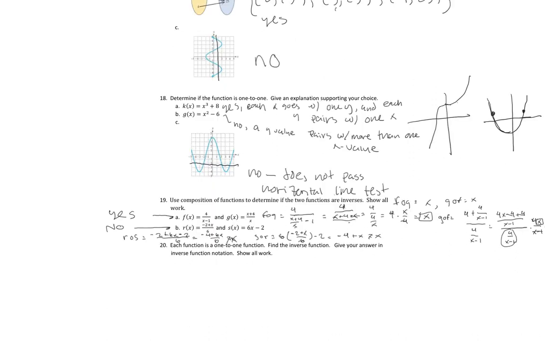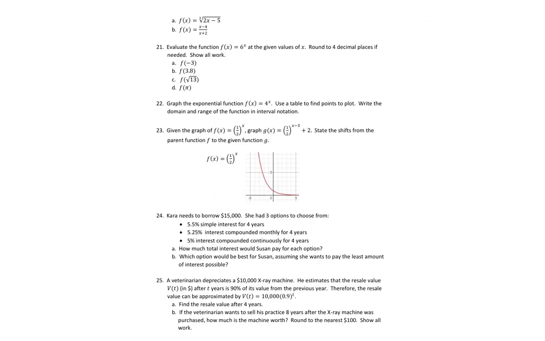Okay, so for number 20, it says each function is a one-to-one function. Find the inverse and give your answer in inverse function notation. So if we go right here, these are the actual functions that we have. I'm going to write this over here. f of x is equal to, let's just say y, all right?